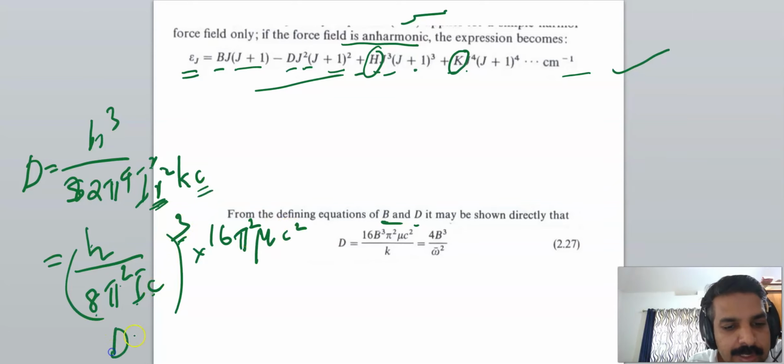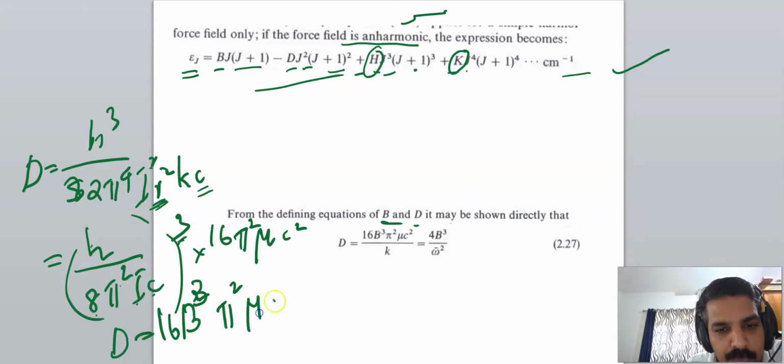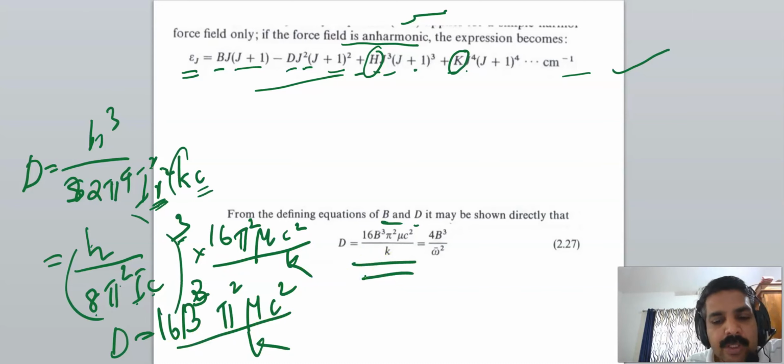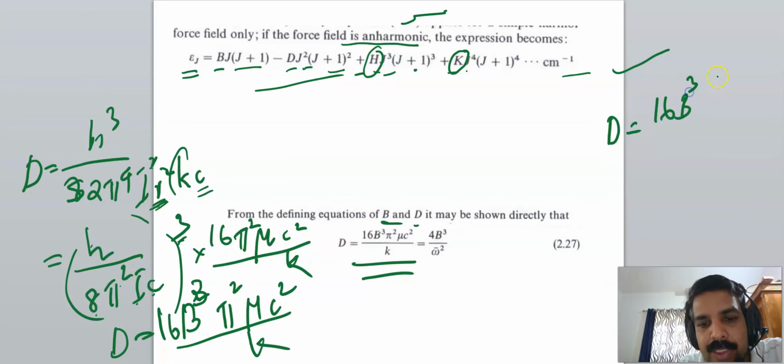So we can write D is equal to h cubed into 16 pi square mu c square, and one k should be here, divided by k. That is, we get D is equal to 16 h cubed pi square mu c square divided by k.